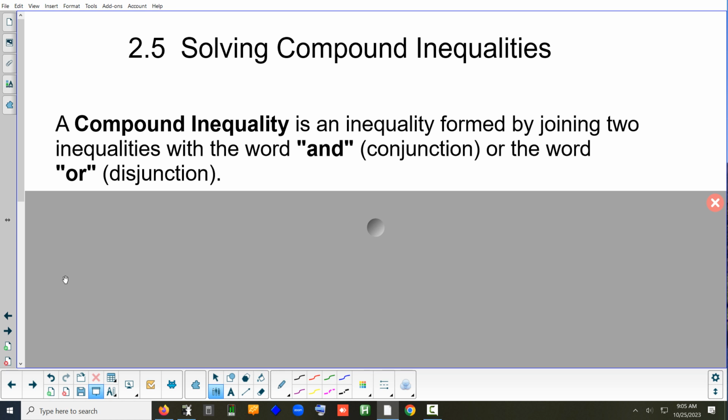So that's what's going to go on the second blank, and then in parentheses, and is called a conjunction. Or the word or. And then in parentheses, at the end, you can write what that's called. That's called a disjunction. So we're basically going to be solving conjunctions and disjunctions, ands and or problems.